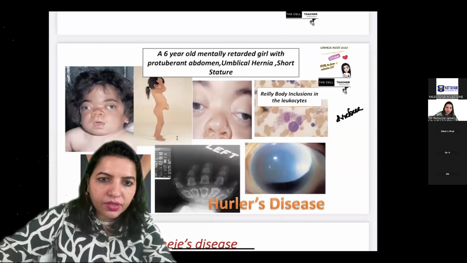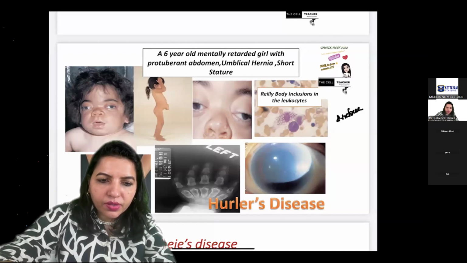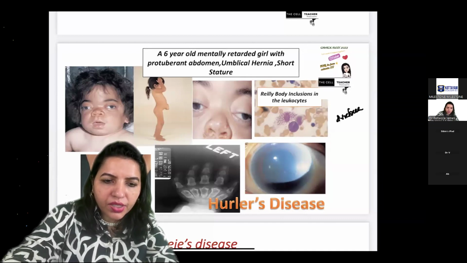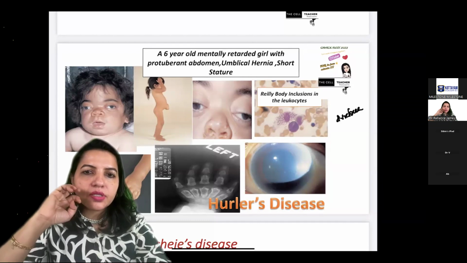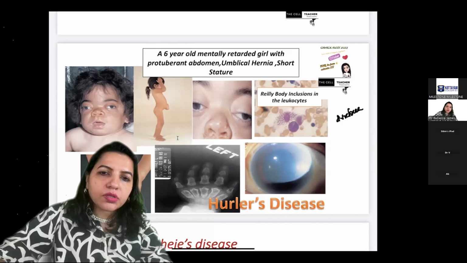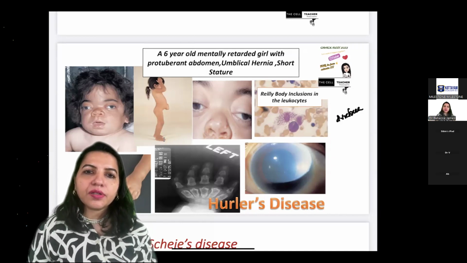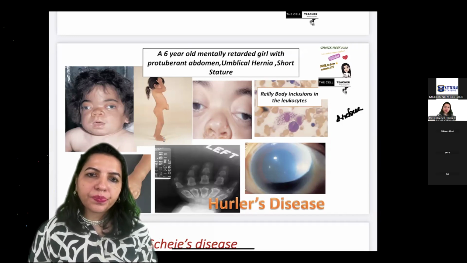I am going to write alpha-L-iduronidase. This is the enzyme defect, okay? L-iduronidase.